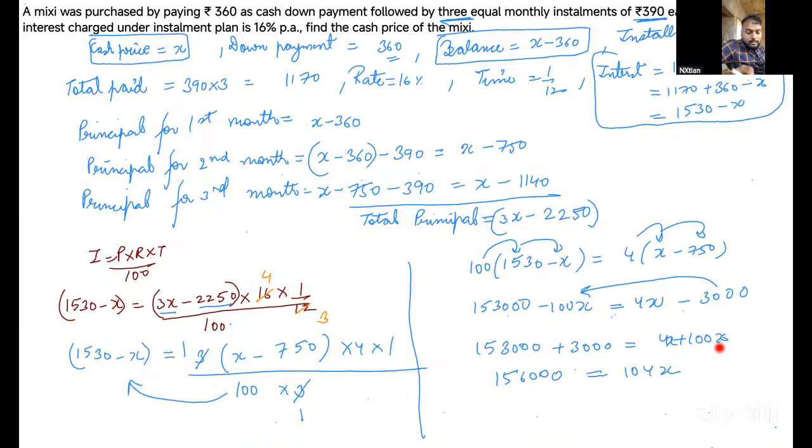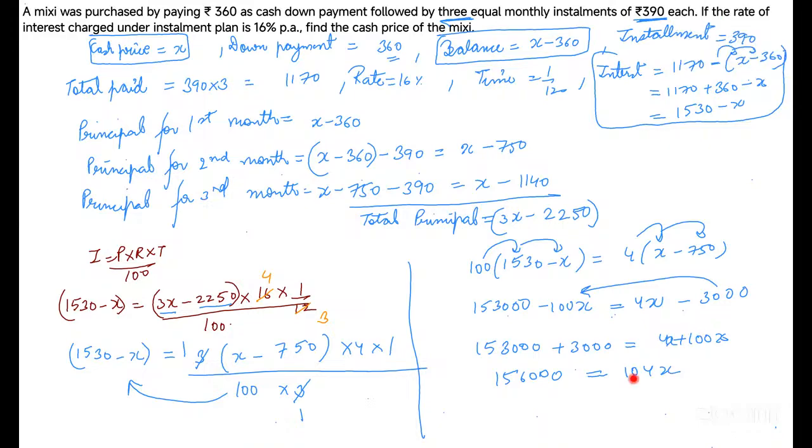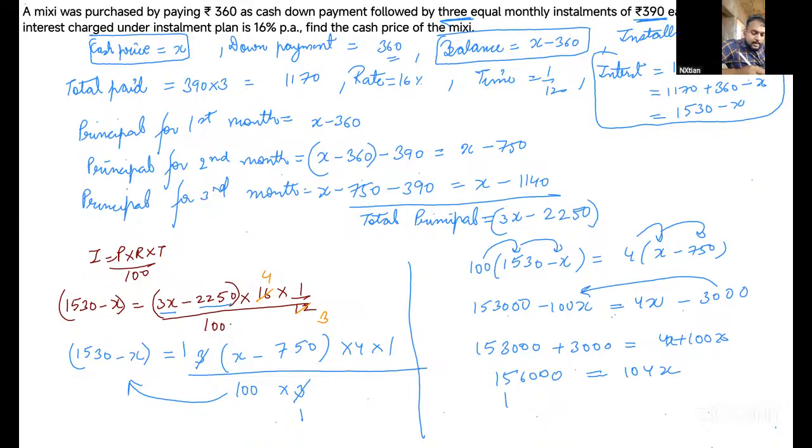You just take out the x as a common factor, and you simply add 4 and the 100, which is the coefficient of x. So if you take out x as common, 4 plus 100 becomes 104x. Okay. Now simply at the last you have to solve like this: divided by 104 is equal to x. When you solve it, you will get the answer. Did you understand? Yes, sir.